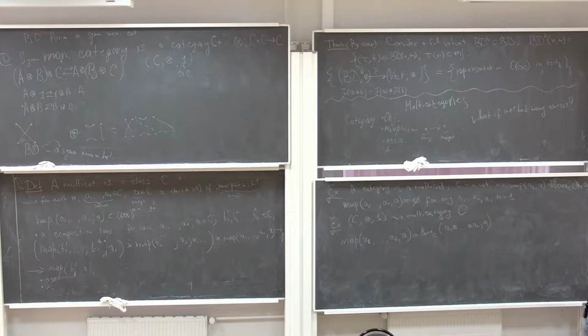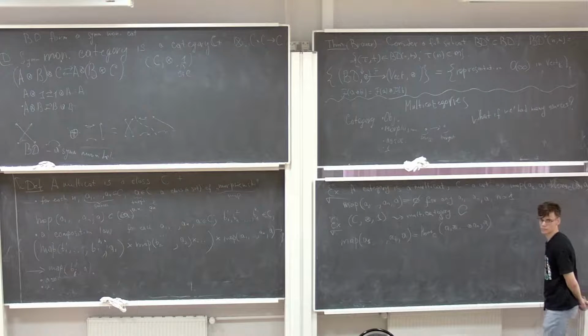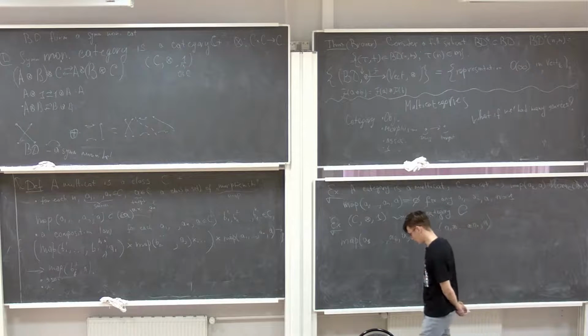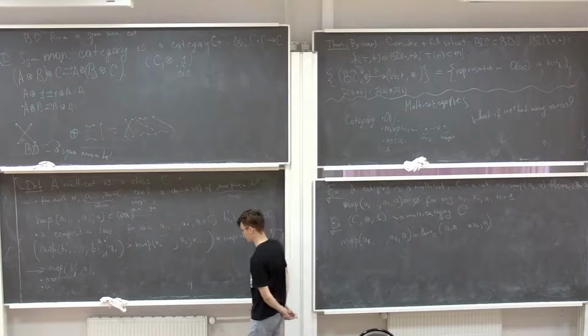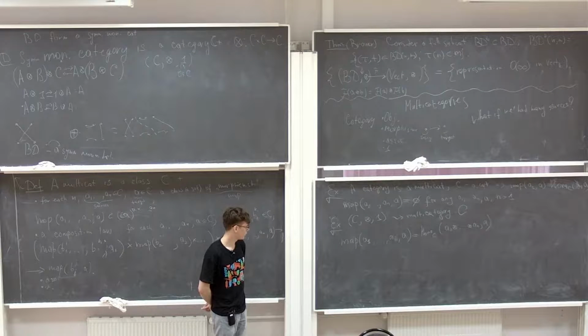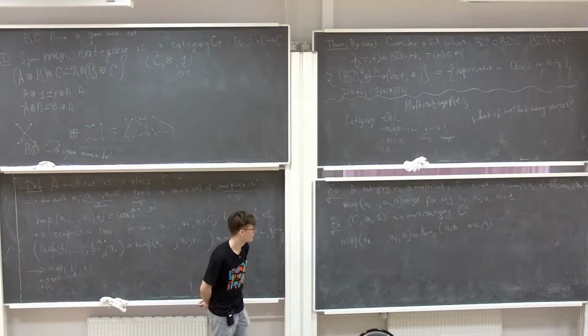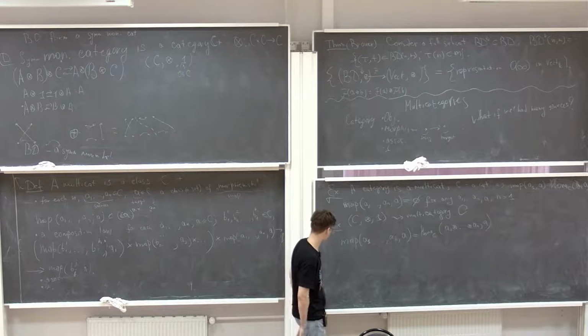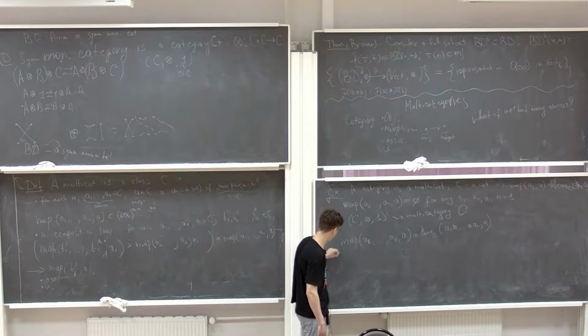So for each monoidal category, we obtain a multi-category. On the contrary, not every multi-category can be obtained from a monoidal category. I will give a rather strange example where at least it's not clear where the category is. But let me first give a definition.